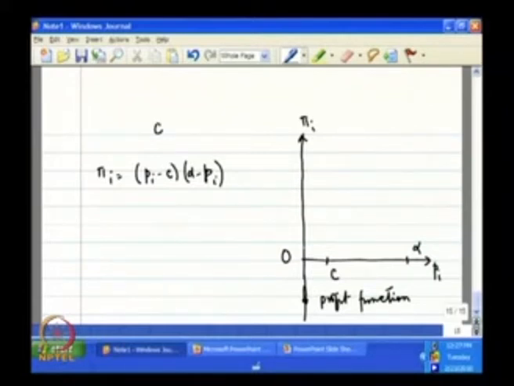And what about the shape of the curve? This curve is going to be a concave curve, concave to the Pi axis. I know that because if I take the second derivative of pi I with respect to Pi, I get a negative term which is minus 2. If the second derivative is a negative quantity, then the curve is a concave curve.